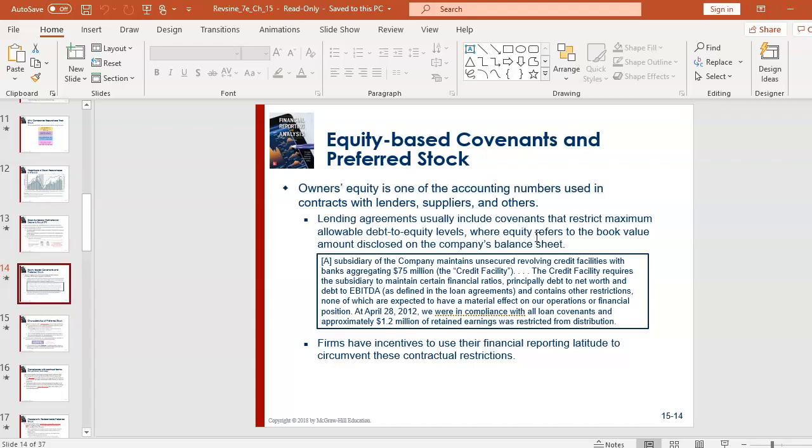And so if a business has debt with a bank, the bank can say, we'll give you a loan, but we're going to put some restrictions on some decisions that you can make because we want you to have a certain amount of equity. We don't want you to go crazy taking on a lot of risk and you can't pay us back. So we're going to put some limits in place that will restrict some of the decisions that you can make. And that's what they mean by this information right here.